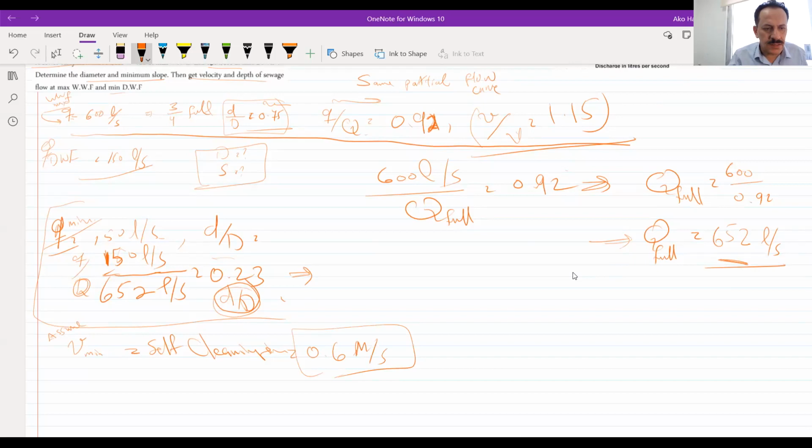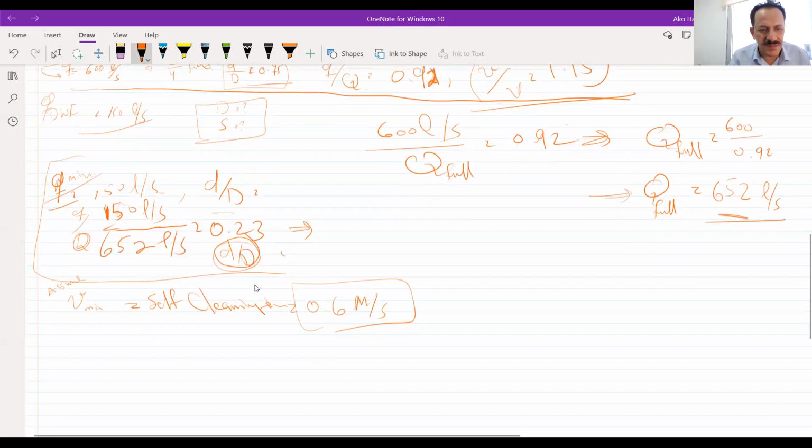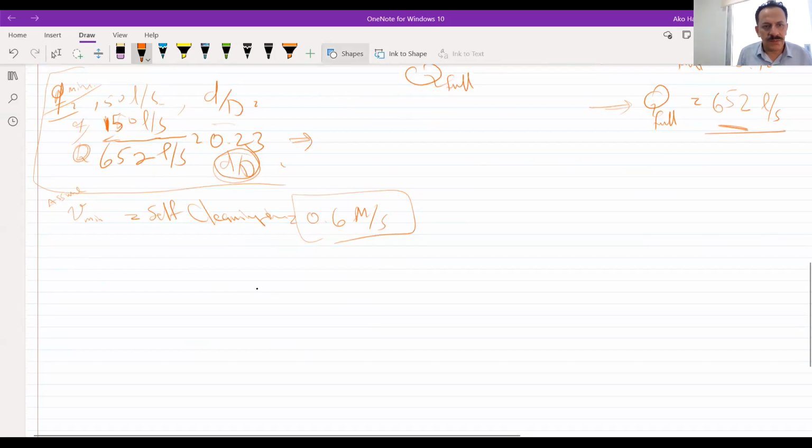Now, your colleague asked, what does that 0.23 represent? Now, I will make it more clear. This is the sewer, okay?